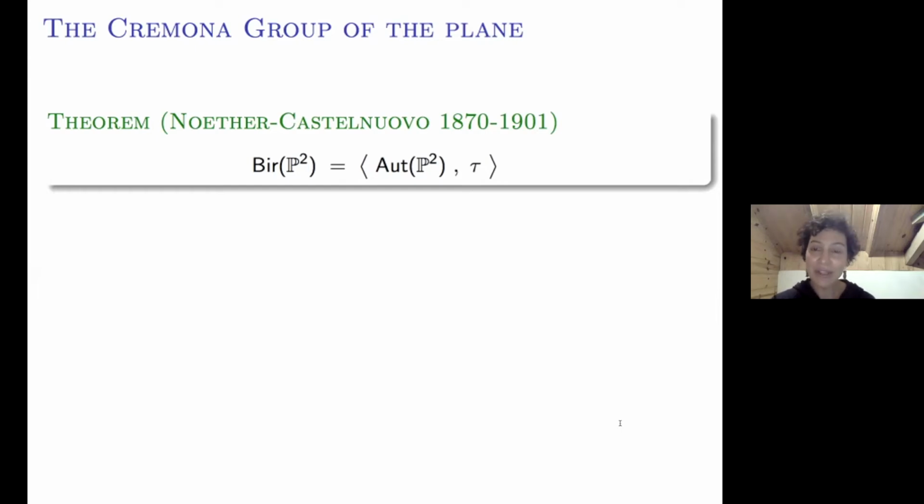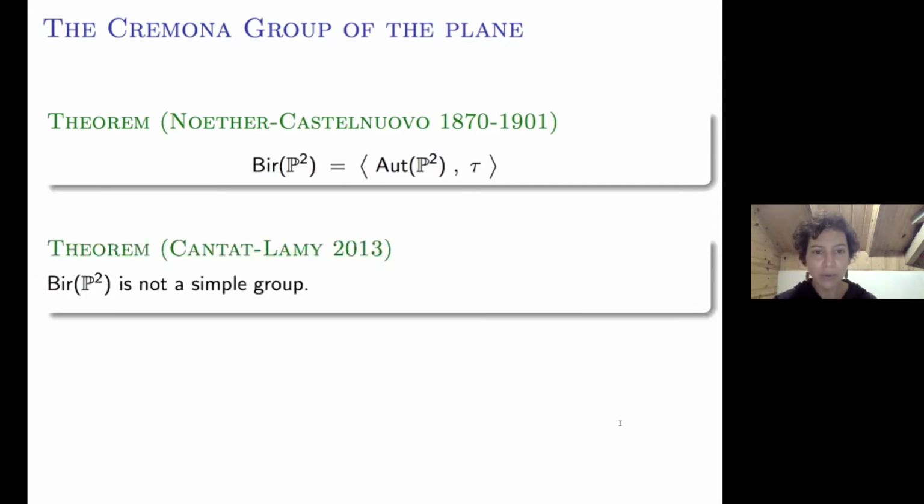And so I would like to illustrate how complicated this group is by stating two very recent theorems that answer some very basic questions about this group. So for instance, only in 2013, Cantat and Lamy showed that the Cremona group of P2 is not a simple group.